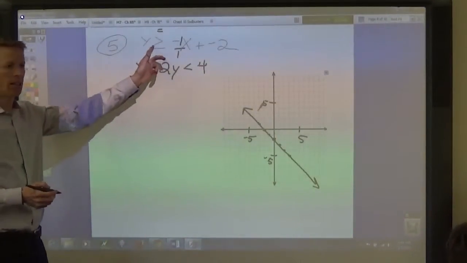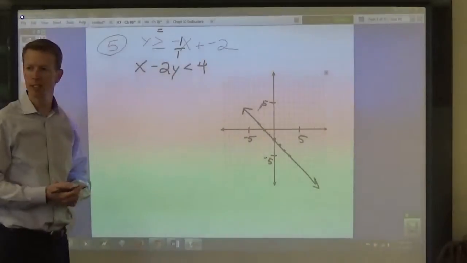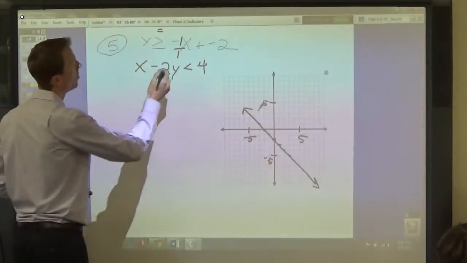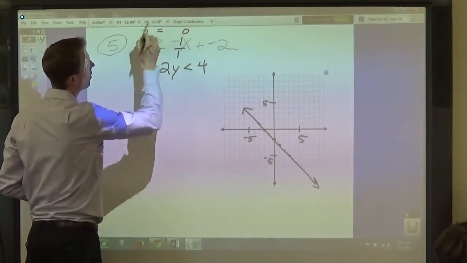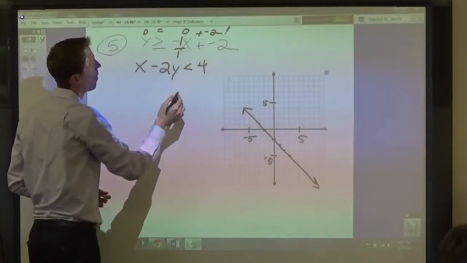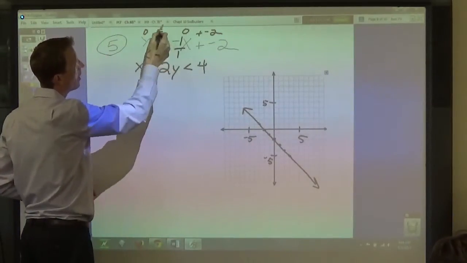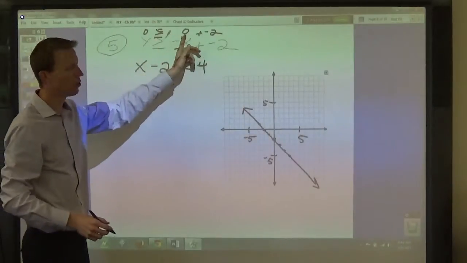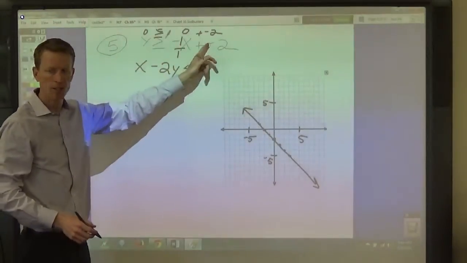Now we need to shade this because it's an inequality. Can we put in 0, 0? Yes. So put in 0, 0 plus -2. Is 0 greater than or equal to -2? Yes.